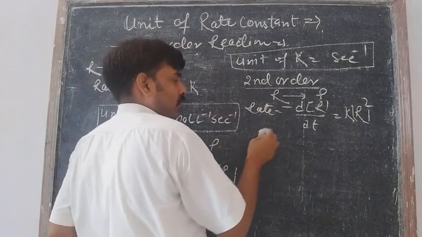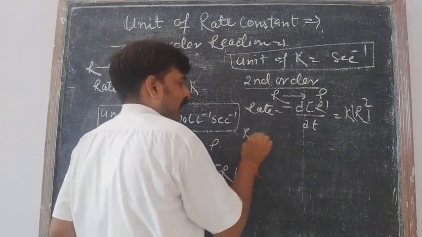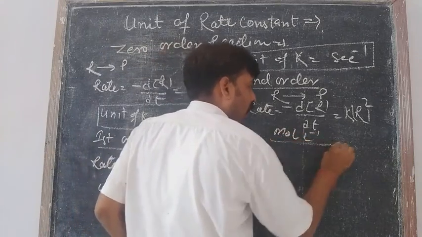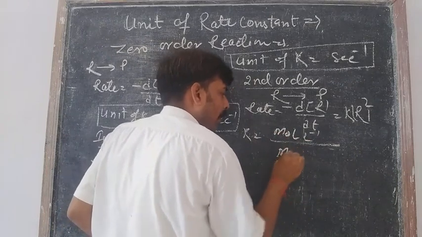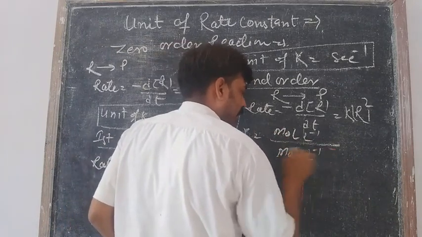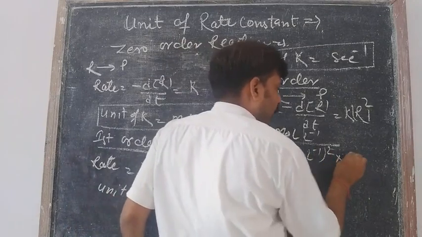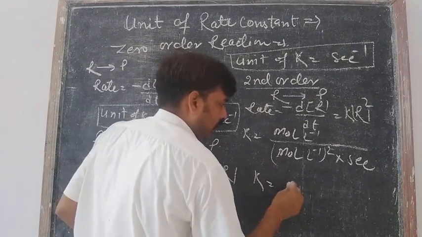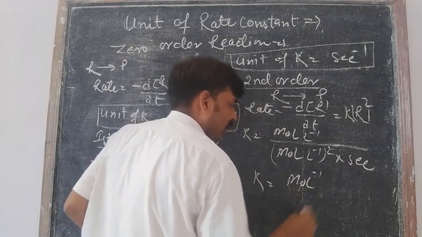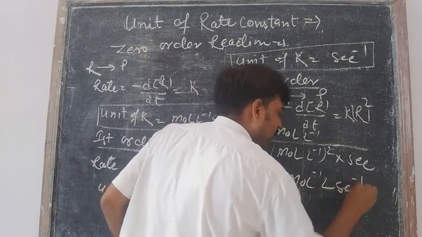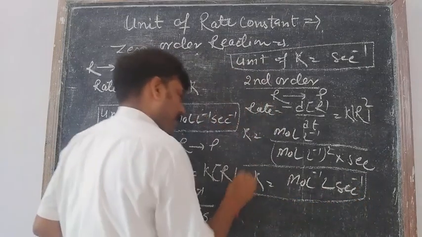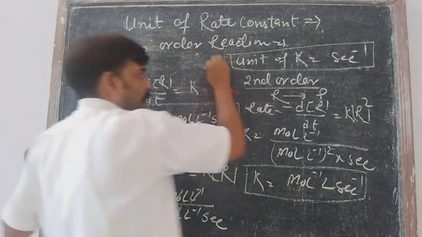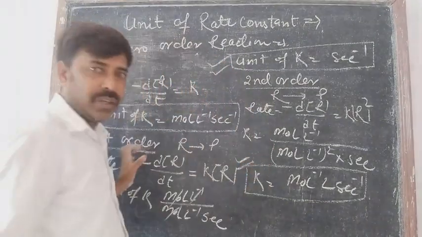Now by putting in the units, the unit of k equals mole per liter upon mole per liter squared into second, and by solving you will get mole inverse, liter, second inverse. These are the units for the zero order, first order and second order reactions.